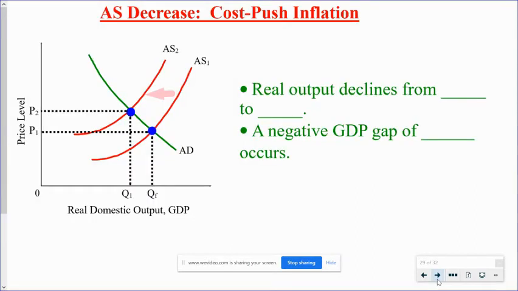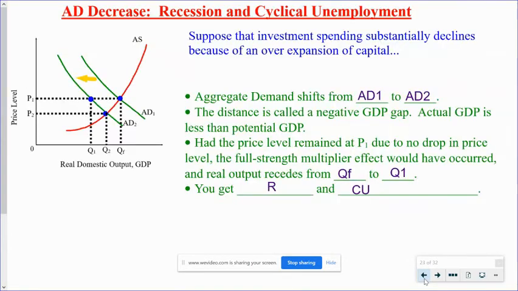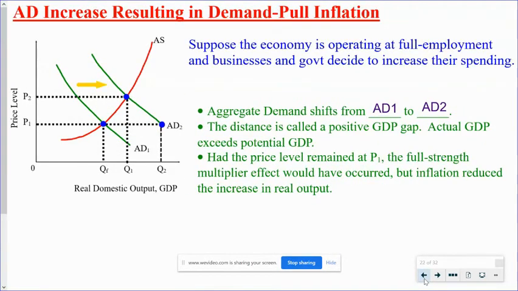So what about the aggregate supply side? Because we did work on developing both the aggregate supply in the immediate, in the short run, and the long run. And we discussed aggregate supply shifters. So let's say for some particular reason, aggregate supply was to decrease. And this now, once again, is inflation coming from the supply side as opposed to inflation coming from the demand side, ladies and gentlemen.